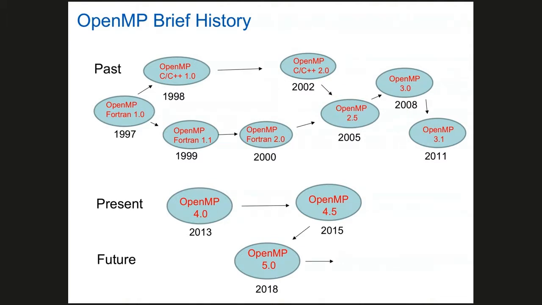The present version, well, we say maybe is OpenMP 4.5, because the major compilers support up to OpenMP 4.5 at this point. In 4.0 and 4.5, many new features have been added, such as support for accelerators and thread affinity, and lots of task extensions.